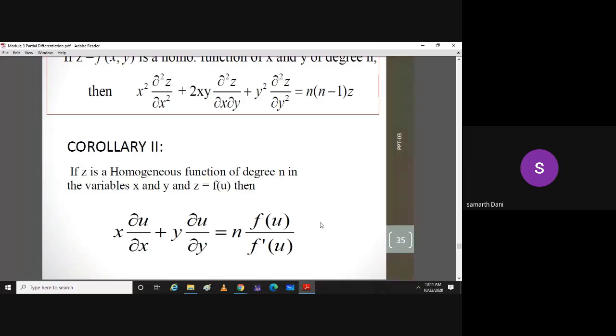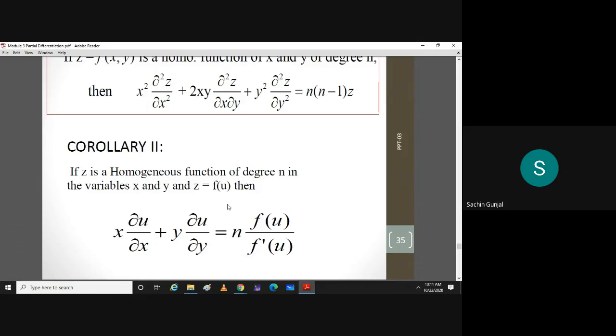So the same example, u is equal to sine inverse of x square plus y square. And the question is, find x into ∂u/∂x plus y into ∂u/∂y.